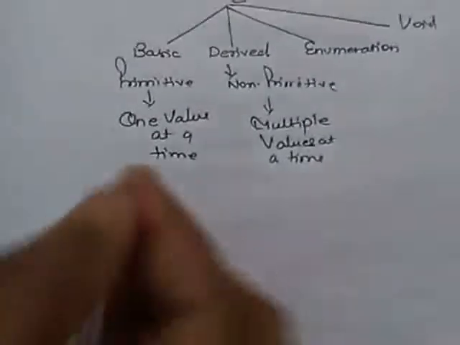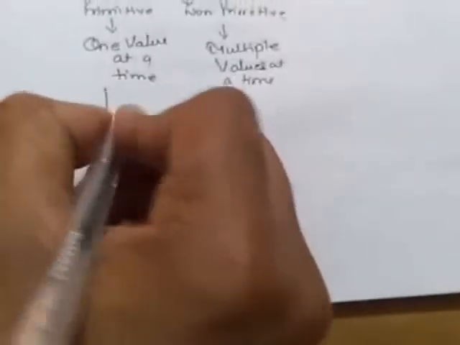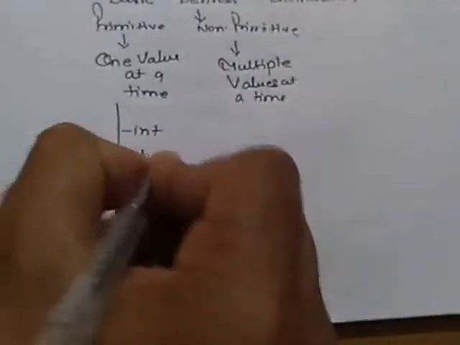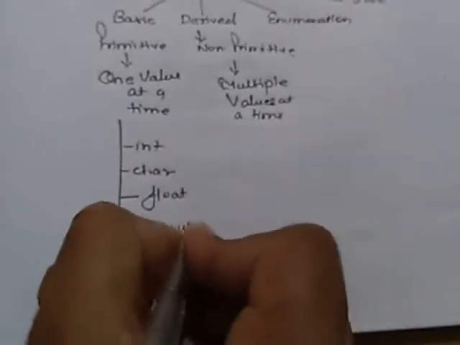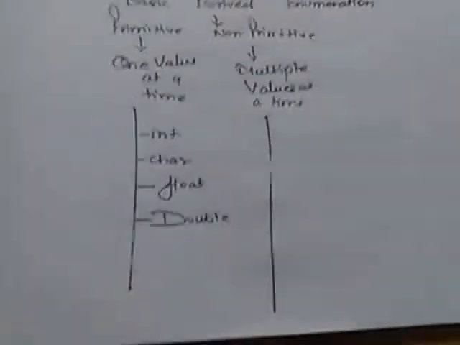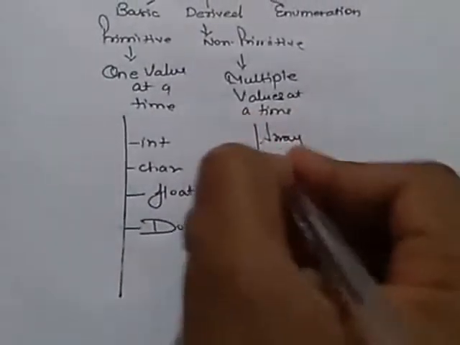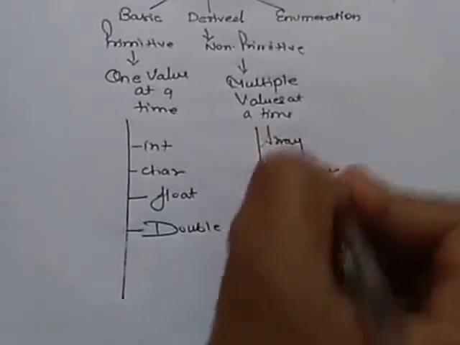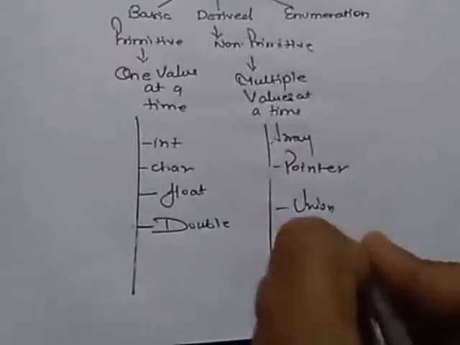Now, basic data types include integer, character, float, double, and multiple or derived data types include array, pointer, union, structure, and enumeration.